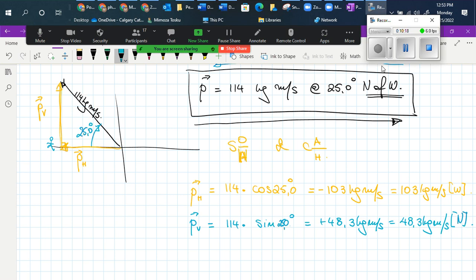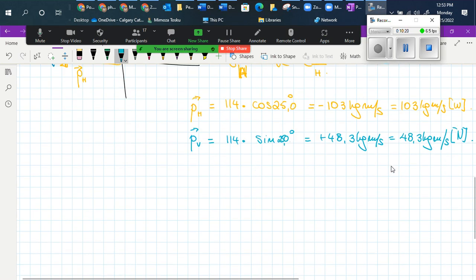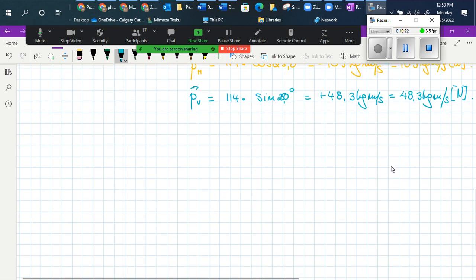Next. Another example will be when you are finding the velocity of an object, knowing the momentum of this object and the mass of the object. So if we have an example like example 2, saying that an object with mass, I will just have a large one, let's say that this is a car with a mass of 1,200 kilograms.